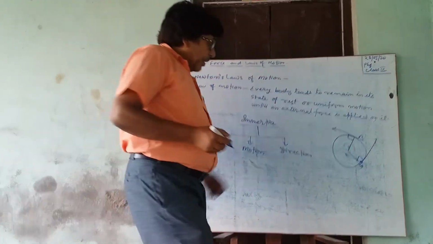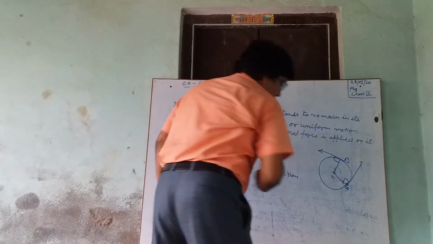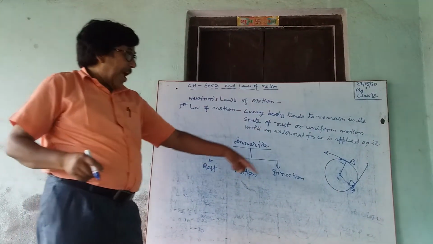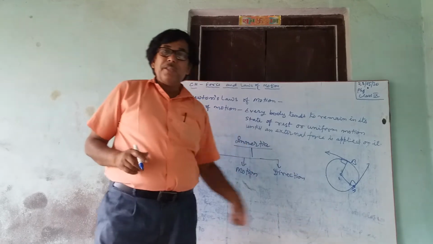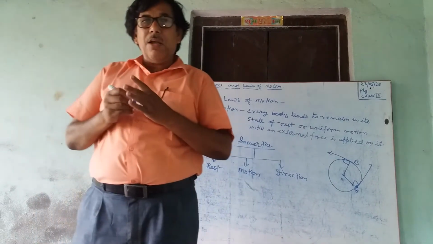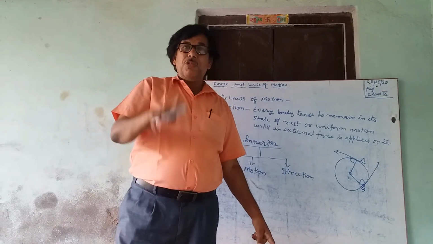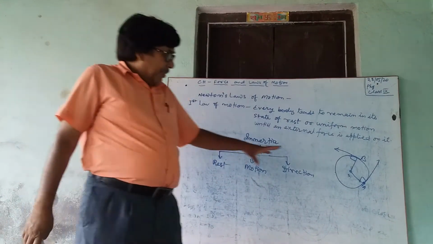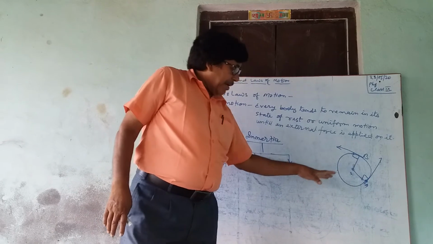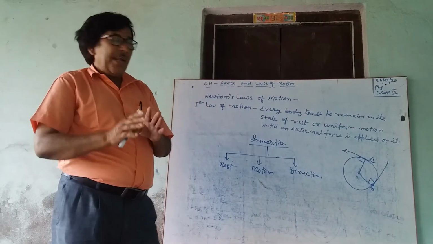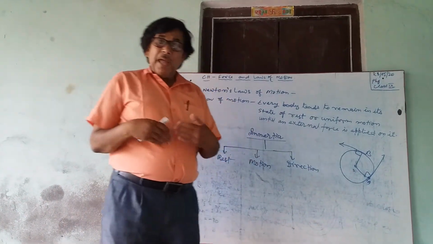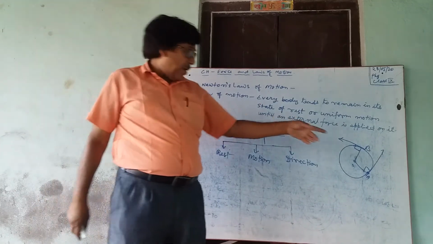Thus, for a body moving on a circular path, its direction of motion is always along the tangent at the point where the body is situated. This direction continues until we apply a force on the body.